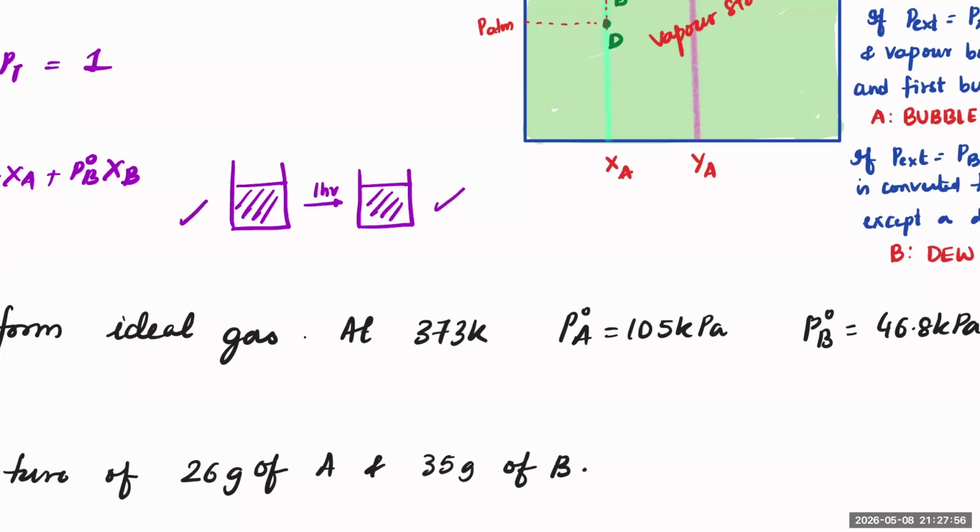The level hardly changes. Does that mean there is no evaporation happening? Does that mean the liquid is not volatile? Well, the liquid is volatile. It is happening, but very slowly. It is so slow that you will not be able to identify any noticeable change.